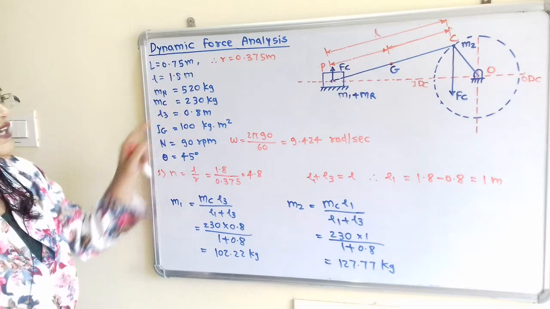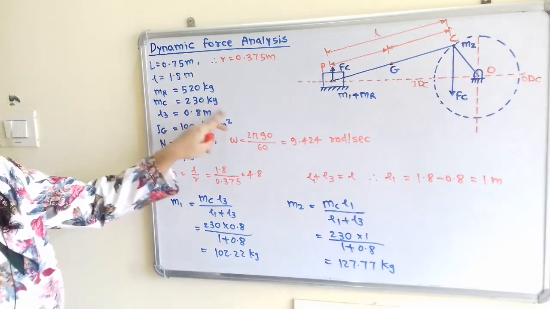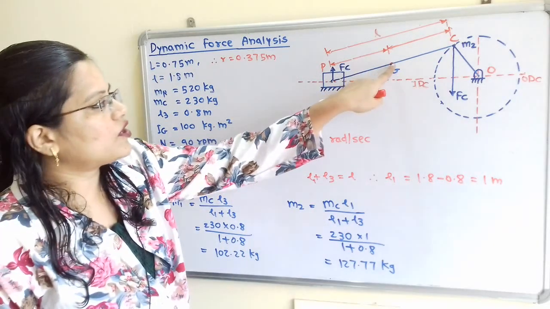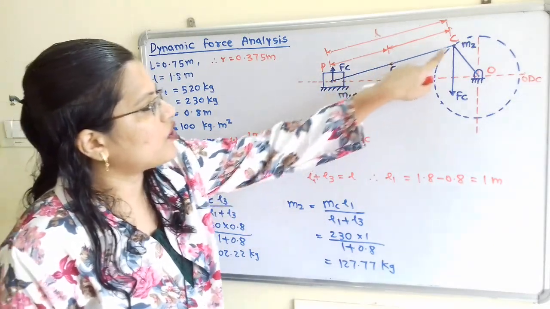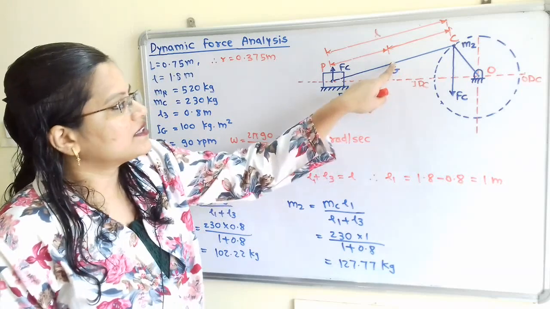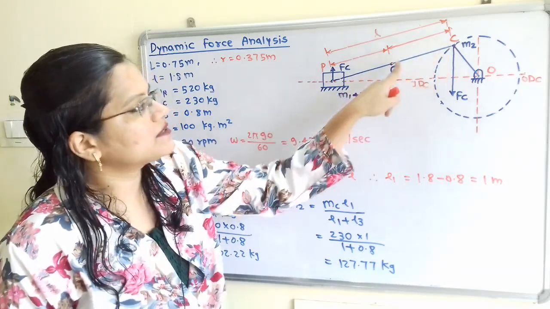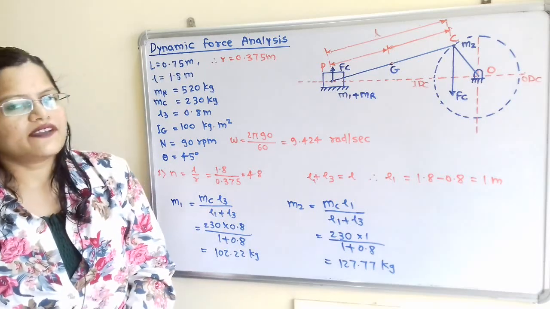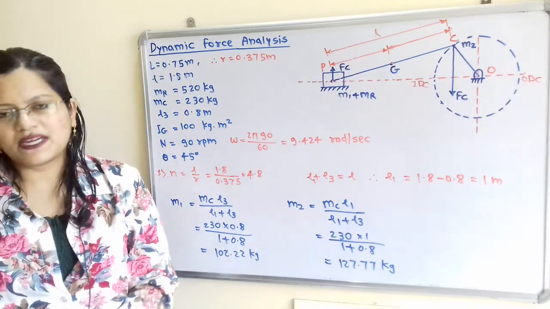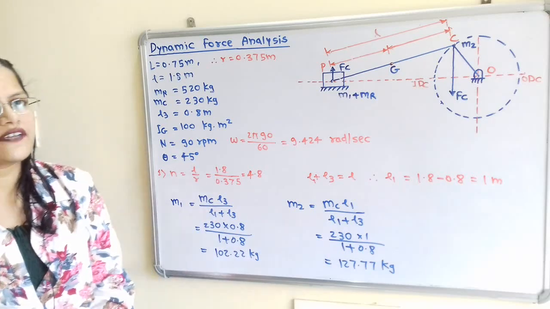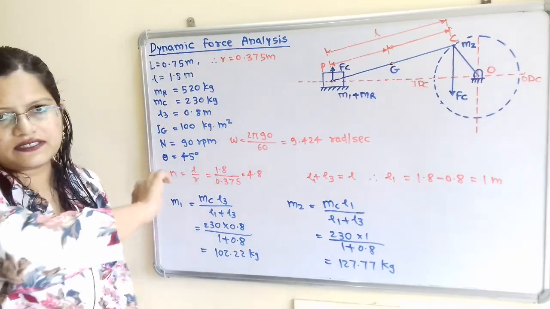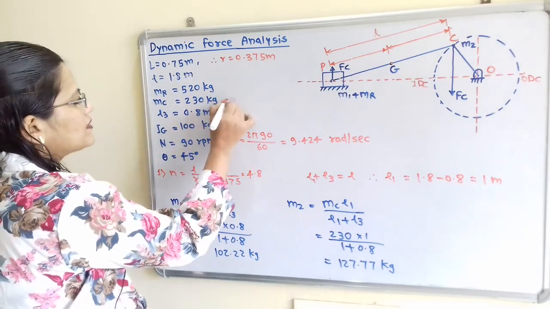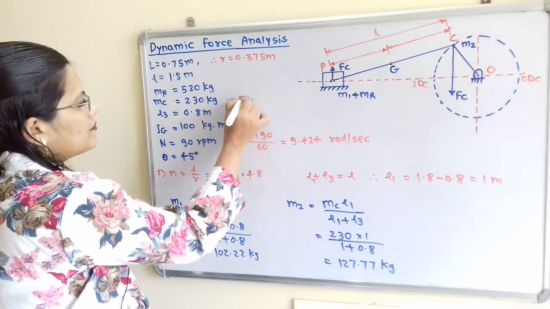Then the mass of connecting rod is given, 230 kilogram. Then the distance from the center of gravity of this connecting rod to the crank pin, that is the distance C to G, is mentioned, and that is equal to 0.8 meter. So if the mass of connecting rod is mentioned, we have to solve the question by dynamic force analysis, and we have to split this mass MC into two masses, that is M1 and M2.